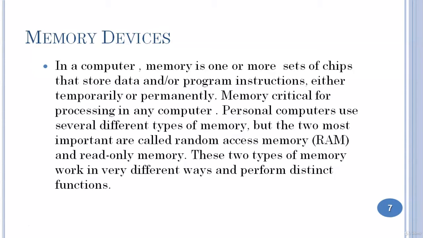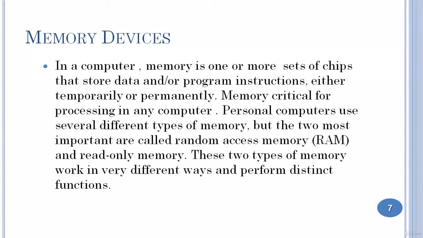Now let's discuss what are memory devices. In a personal computer, memory is one or more sets of chips that store data or program instructions either temporarily or permanently. Memory is critical for processing in any computer.